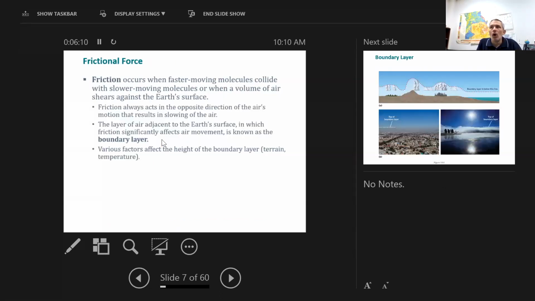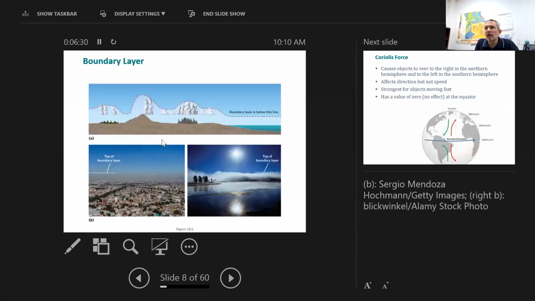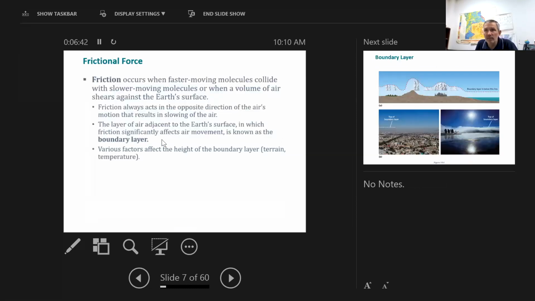Now, friction occurs when faster moving molecules collide with slower moving molecules, or when a volume of air shears up against the Earth's surface. And so this is going to slow the air down. And so we can look at this boundary layer here, which is going to effectively cause the air to stop moving if it's causing this impedance.